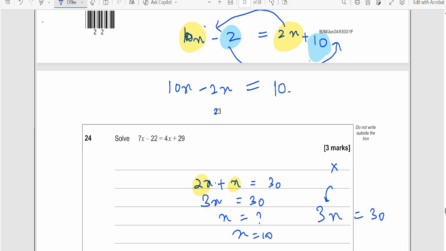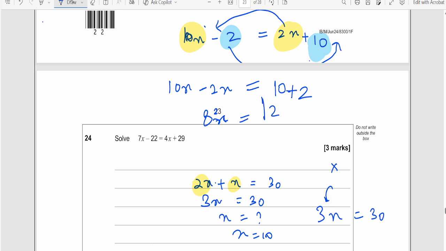No, I'm asking about 2, not 10. Oh, plus 2. So 10x minus 2x will give you 8x, and 10 plus 2 will give me 12.